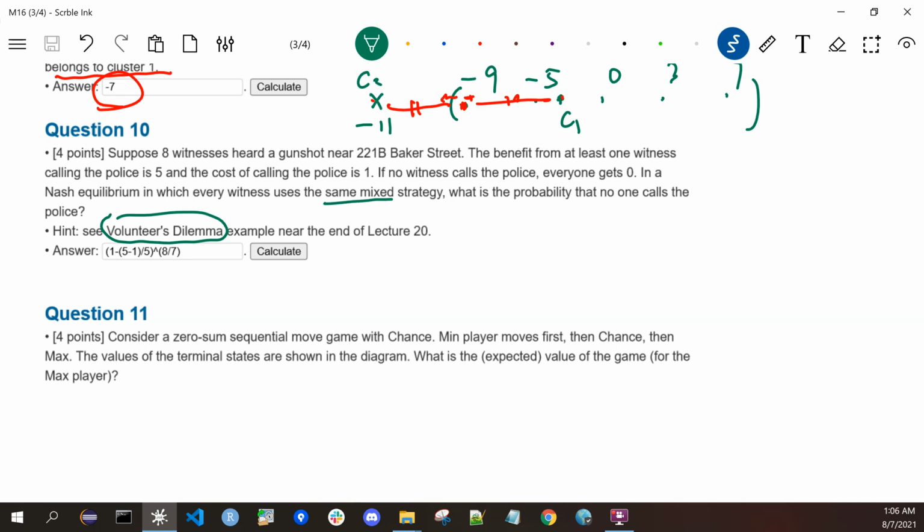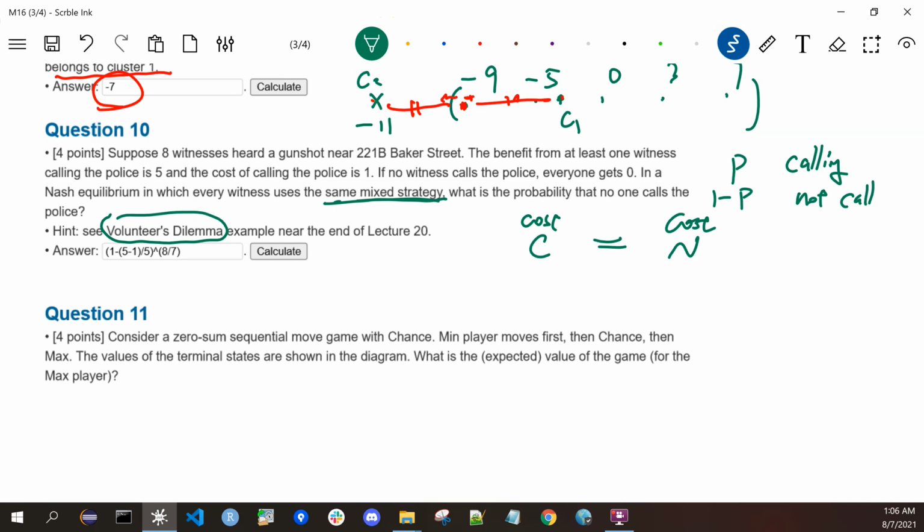So the reason they use the mixed strategy, and they mix the same way, so let's assume they mix by, say, probability P of calling the police and probability 1 minus P of not calling. And the reason they mix is because the expected value, or expected cost, of calling is equal to the expected cost of not calling.